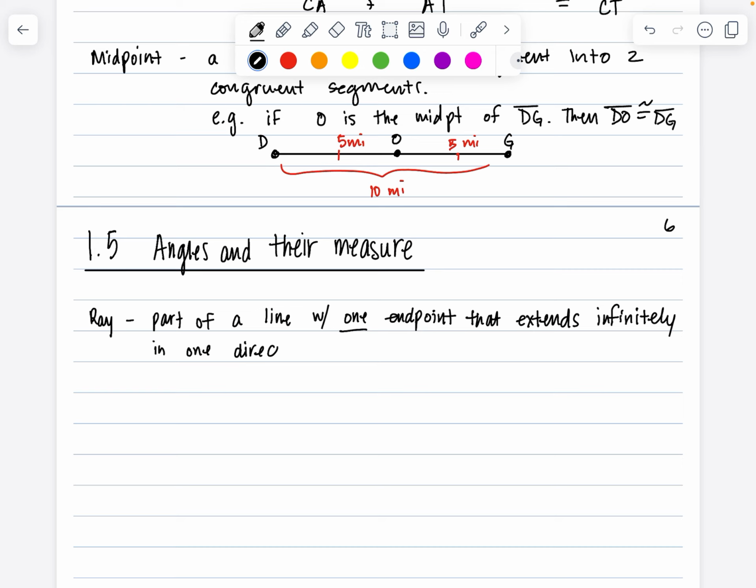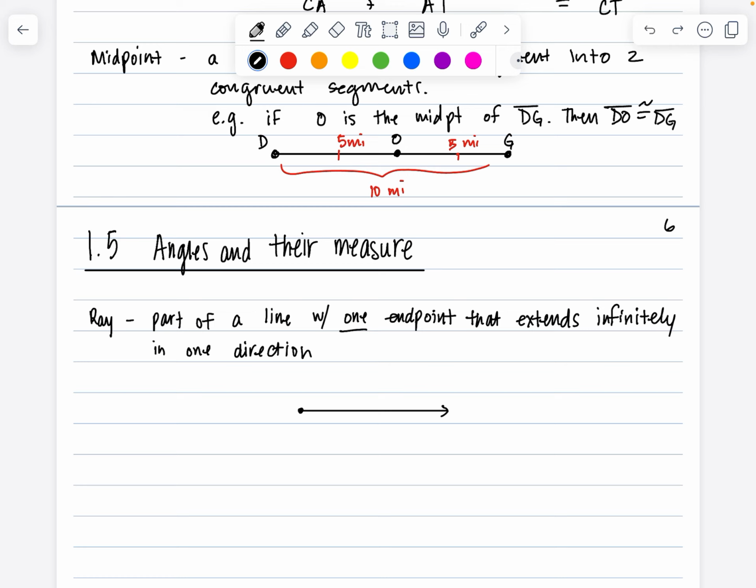So let's start off with just an endpoint. I'm going to draw a line going to the right, and I'm going to draw an arrow on the other end. So here's the one endpoint, and then here's the infinitely in one direction part.